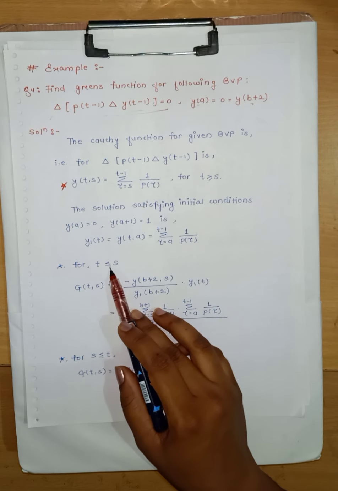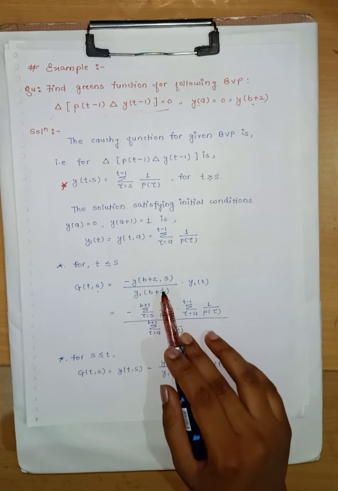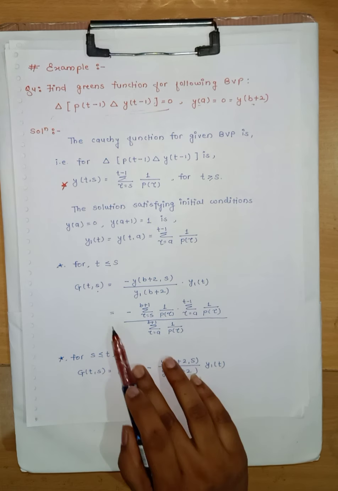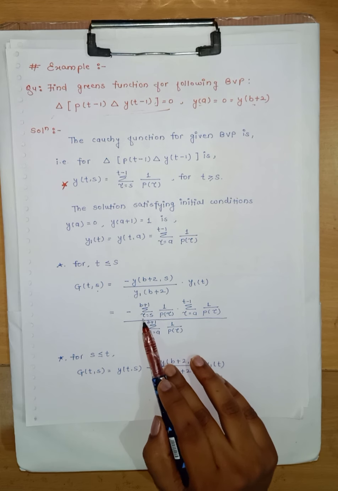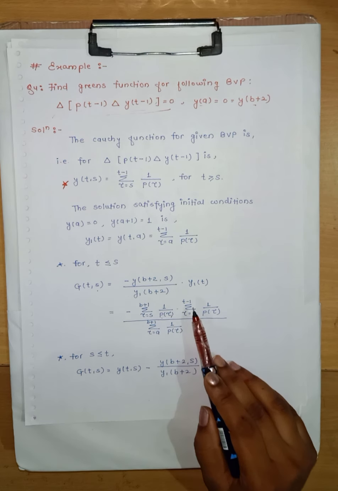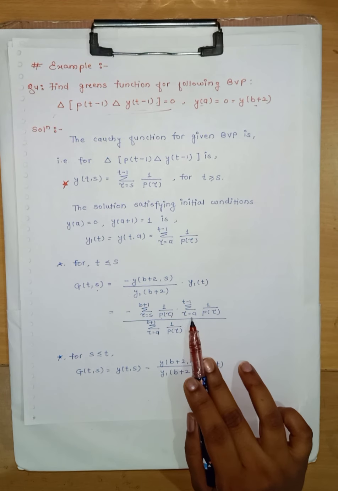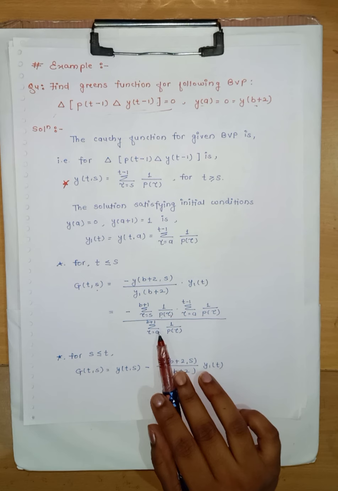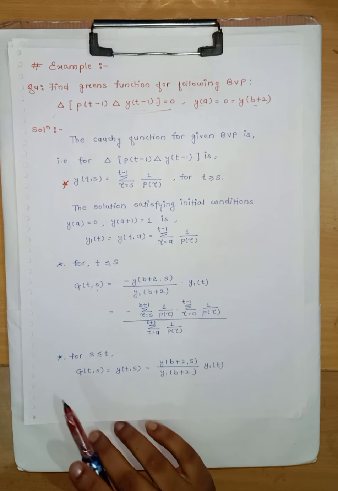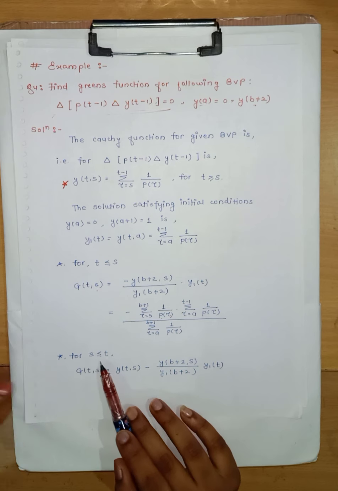So now for t less than or equal to s, we have the Green's function g(t,s) equals −y(b+2,s) upon y1(b+2) into y1(t), and that is equal to minus the summation over τ from s to b+1 of 1/p(τ) into the summation over τ from a to t−1 of 1/p(τ), from this star you can write this, upon the summation over τ from a to b+1 of 1/p(τ). So we have seen for t less than or equal to s, and now we will see for s less than or equal to t.